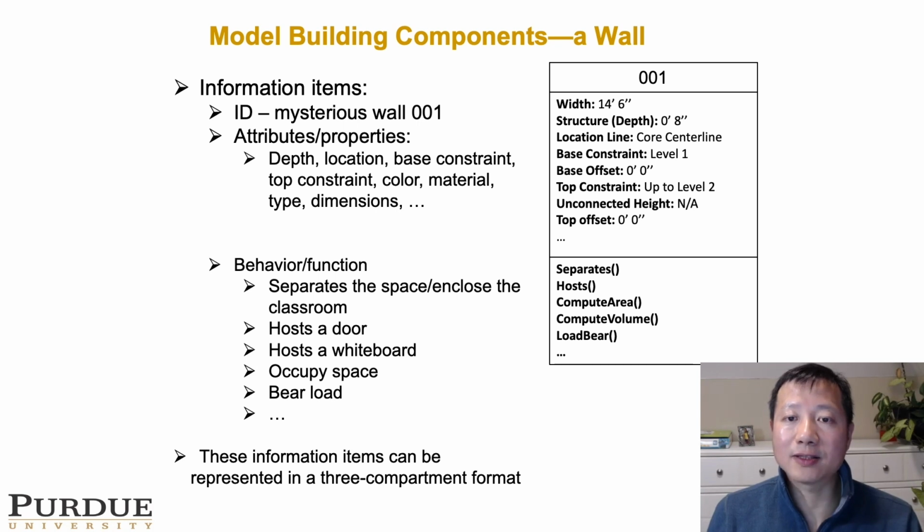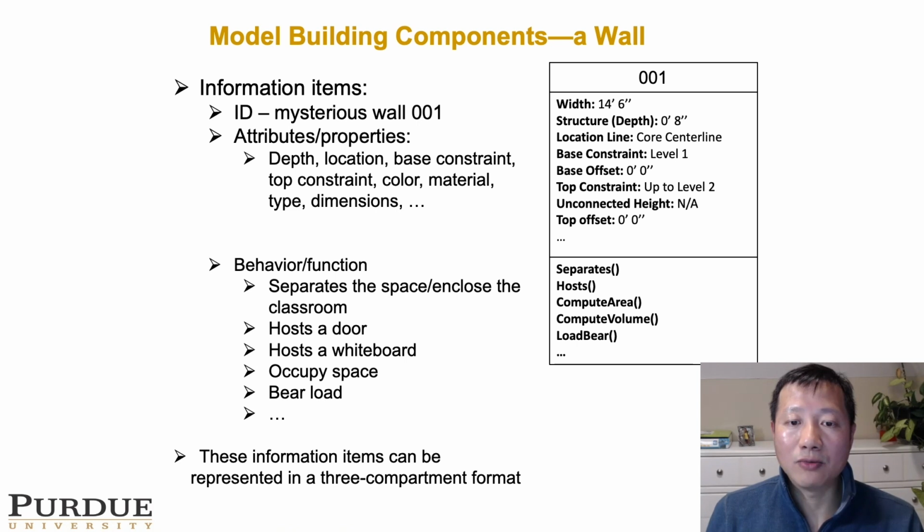And the set of attributes include the depth, location, base constraint, top constraint, color, material, type, dimensions, and the list can go on. Your list might be different than mine, but that's okay, because we have many aspects to describe a single wall, and not every single aspect should have a value here.